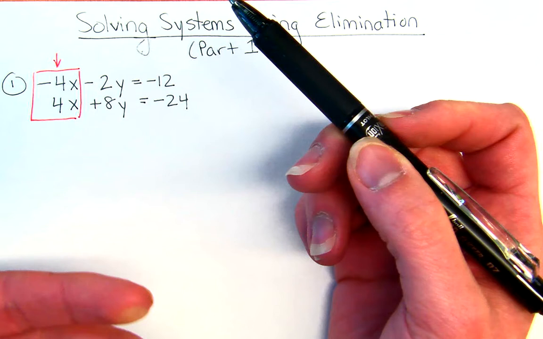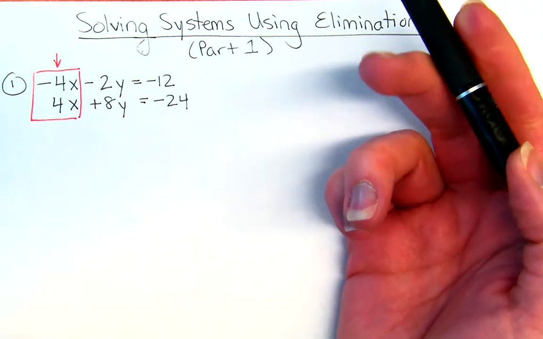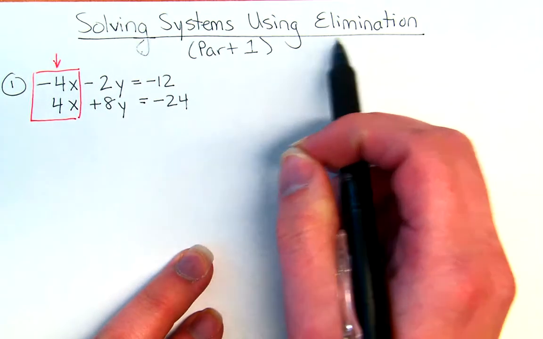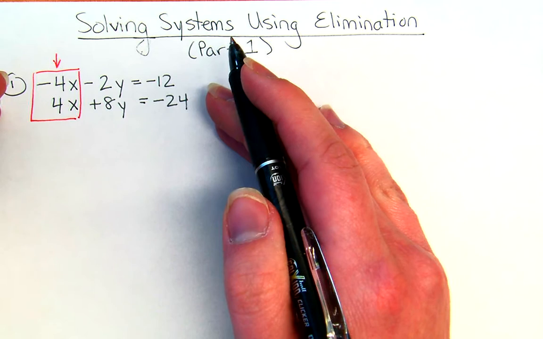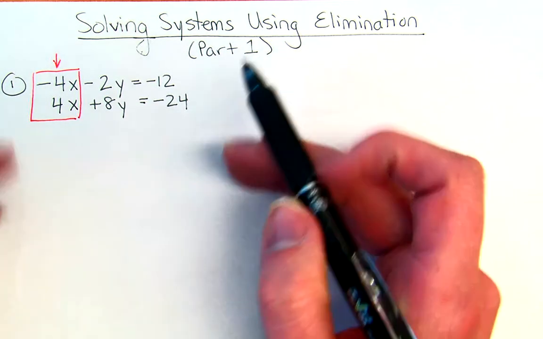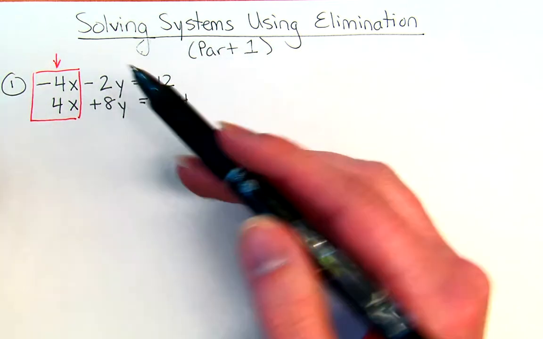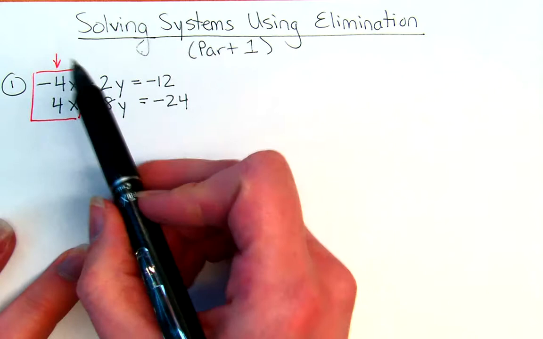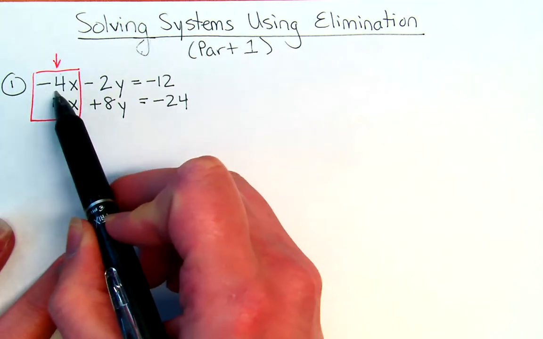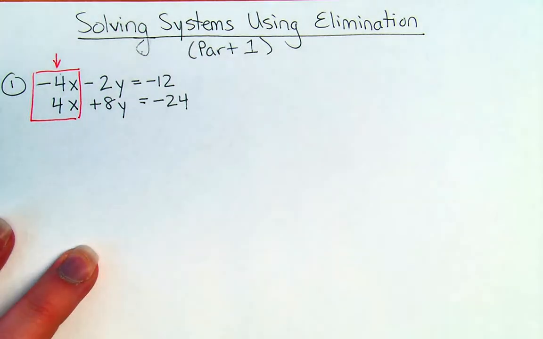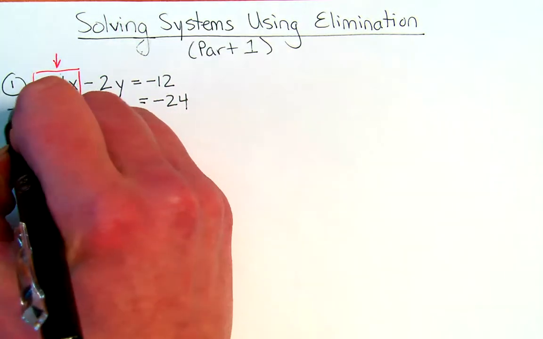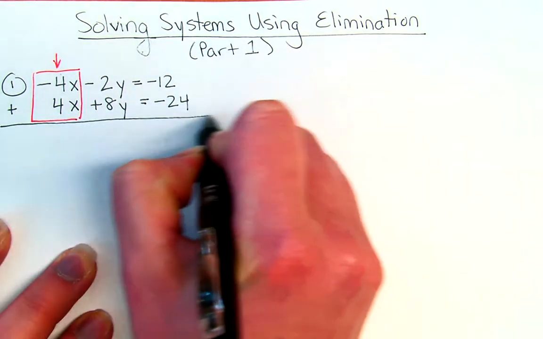So I know when I add them they are going to make 0, which makes them eliminate, right? And that's the idea of elimination, that I'm going to find the sum of the system by adding it together, and one set of variables is going to cancel out. The set that will cancel out are the negative 4x and the positive 4x. So I don't really have to do anything else besides find the sum of the system.